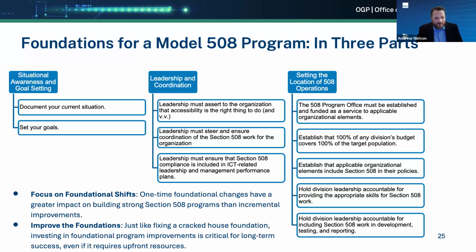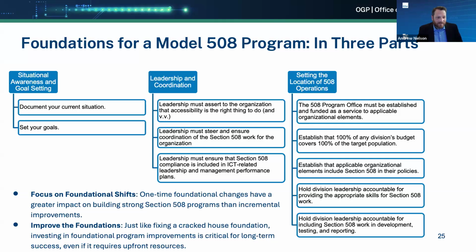It's also important that not only those people, the agencies or the parts of your organization that are most responsible, but so we have this kind of phrase: establish that 100% of any division's budget covers 100% of the target population. My budget needs to also include individuals with disabilities in consideration for their needs, is the point.